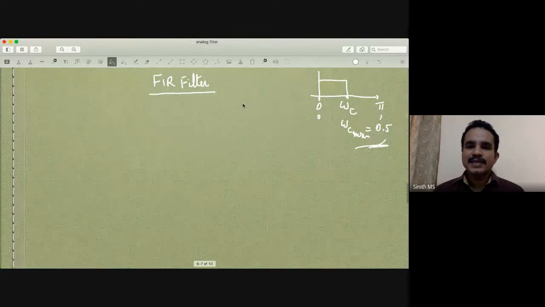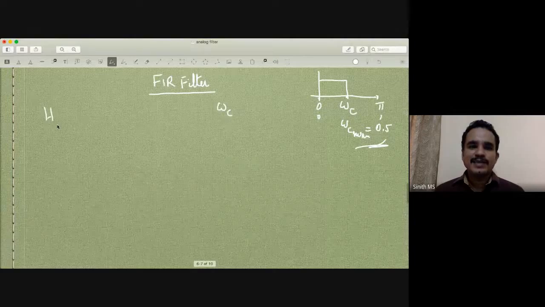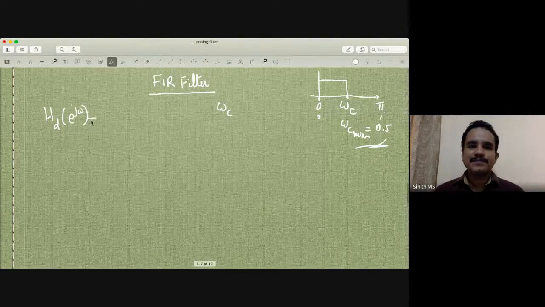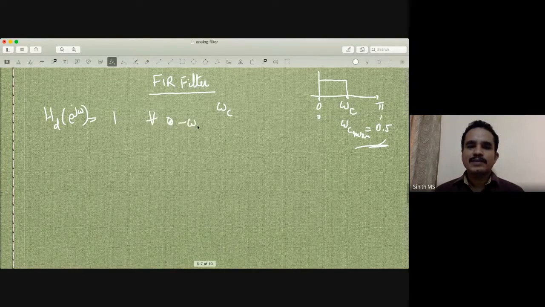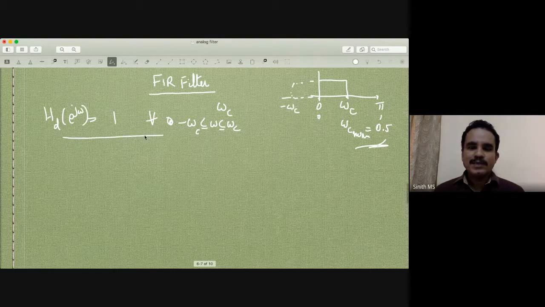So given omega c, this response in the frequency domain, which you call the desired response, H(e^jω), is 1 for minus omega c less than omega less than omega c, considering negative frequency also, and 0 else.